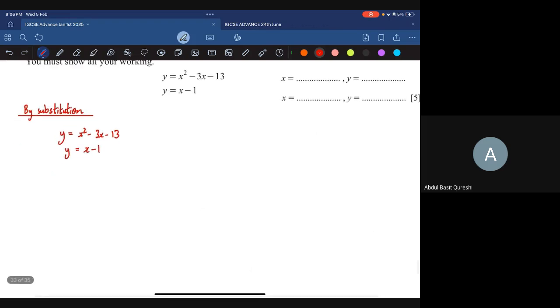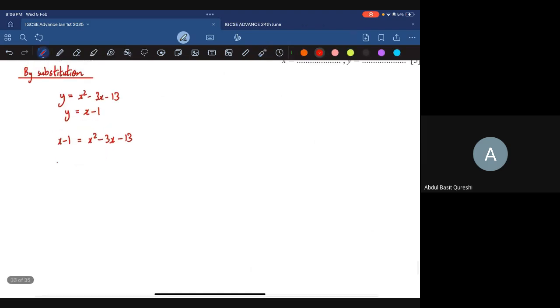You already have a value of y on both sides. So what I can do is just put it down as, because both are values of y, I can substitute this value of y into y. Now I can simply solve it.